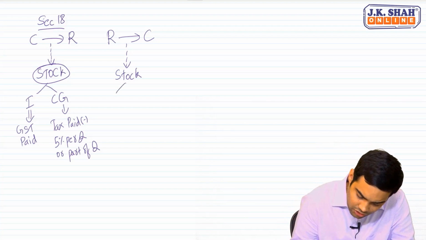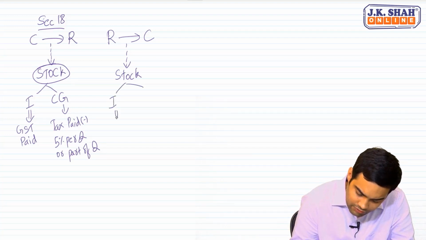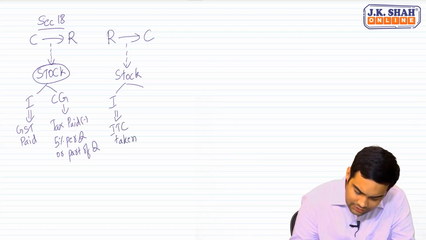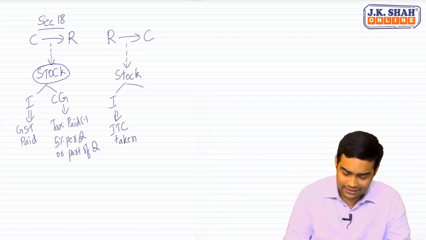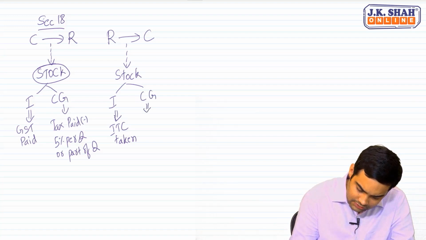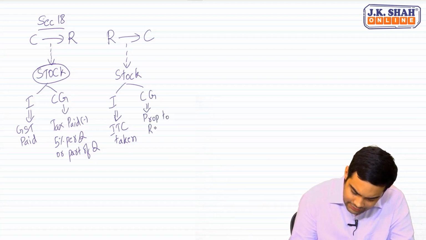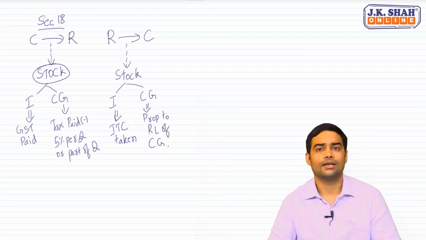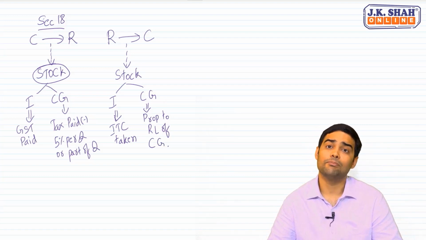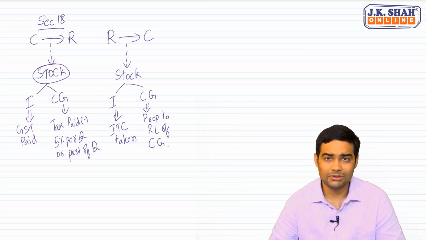So on stock of inputs, you will have to reverse full ITC taken. Whatever ITC you have taken, you have to reverse it. On capital goods, you will reverse proportionate to remaining life of capital goods, which is calculated based on remaining life in months. So total life is considered to be 60.